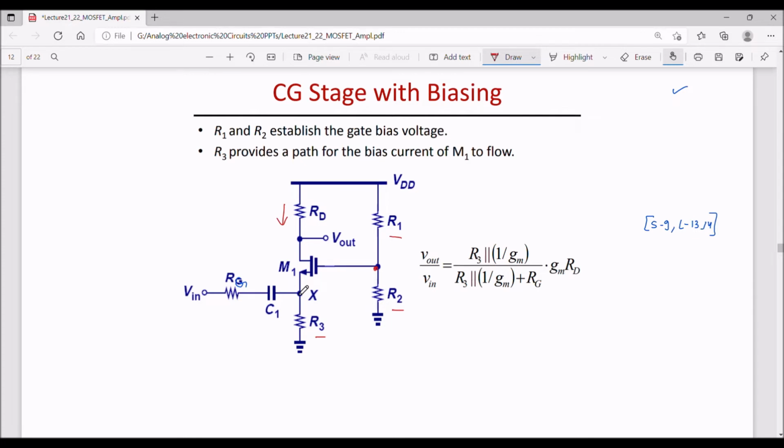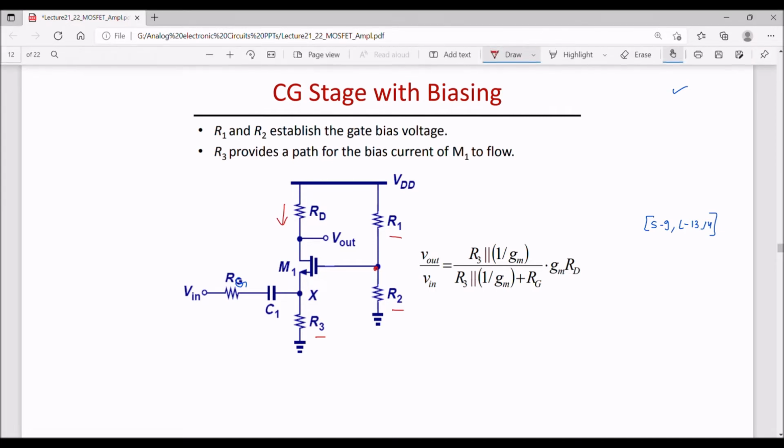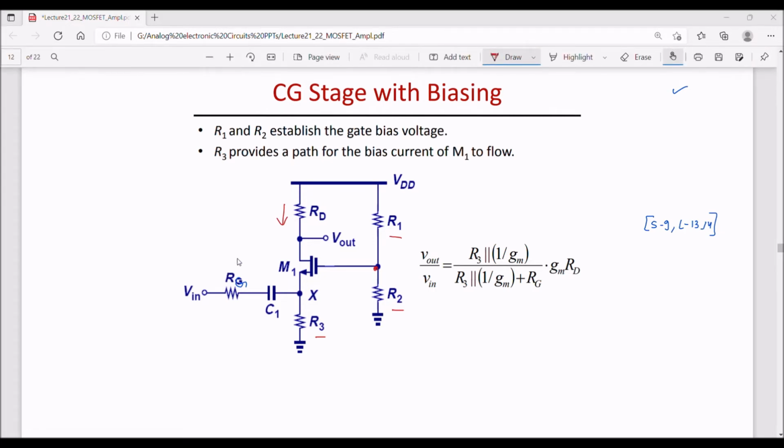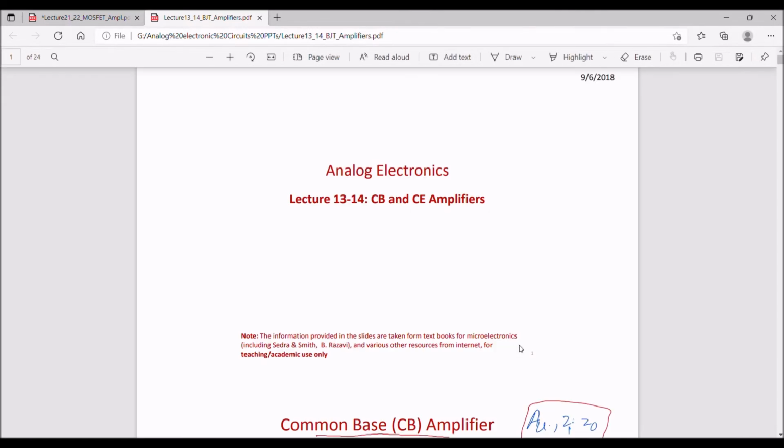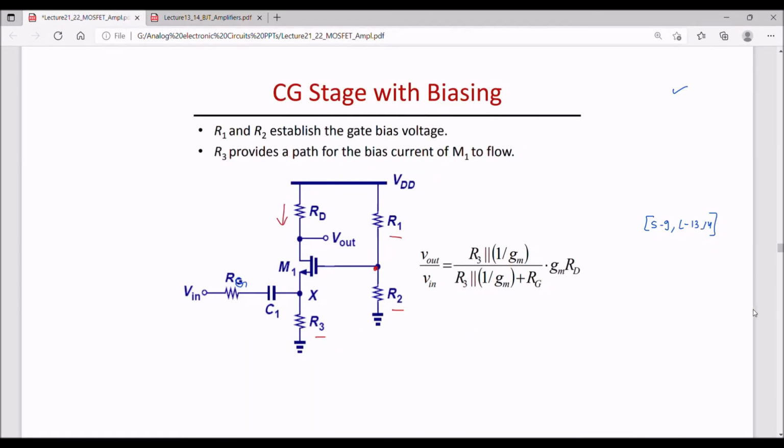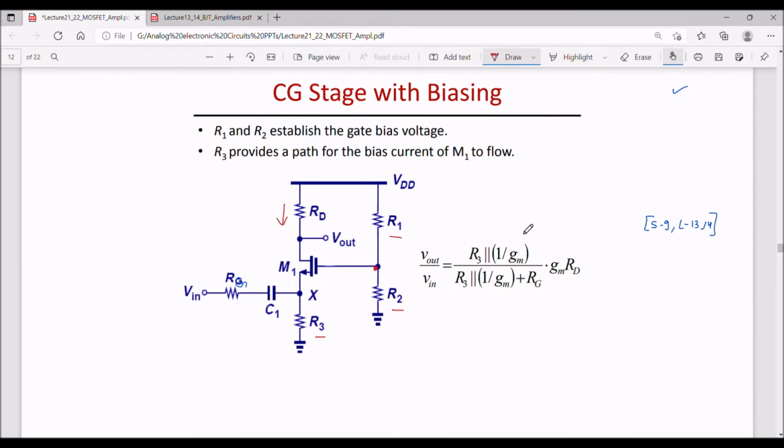So I'll take you back to the previous lectures and show you that we had calculated it somewhere. So let us see. So the gain can be found of this circuit.